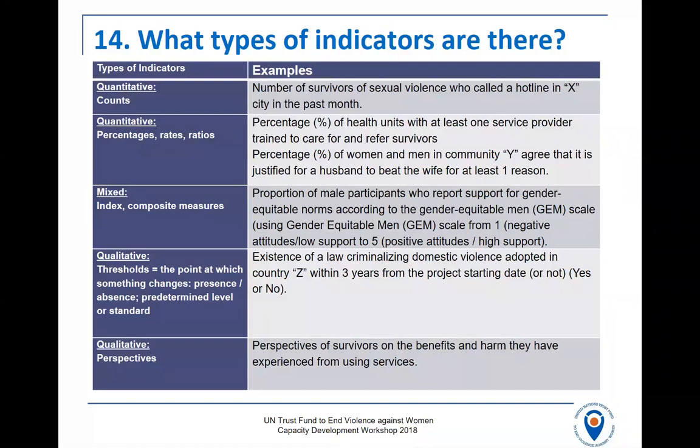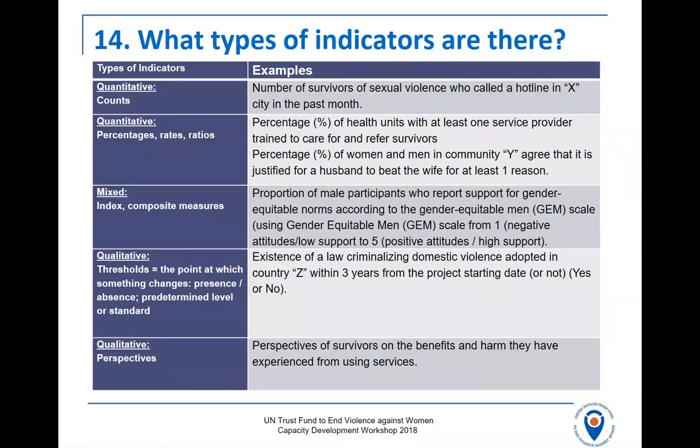And there are other indicators, which I've put in the middle, where you can combine indicators. And this is especially useful for larger projects that collect a large amount of qualitative data. You can actually have something called a mixed indicator, which measures both quality, say perspectives, in a numerical way.